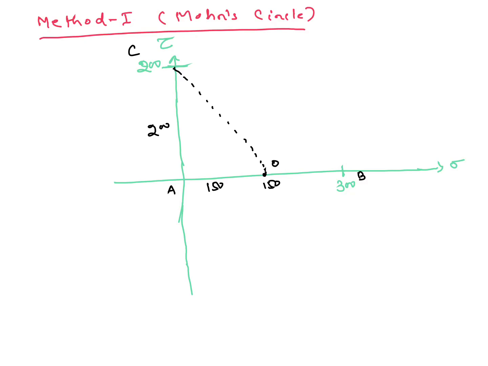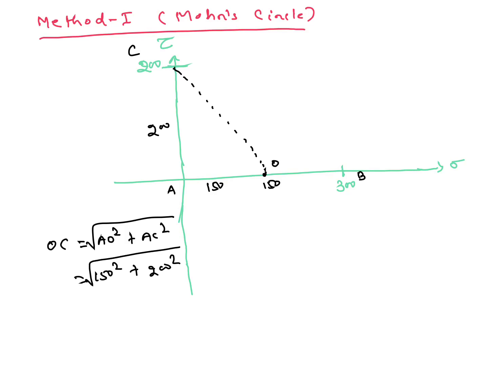OC equal to square root of AO square plus AC square, root over 150 square plus 200 square. 150 square is 22500 plus 200 square is 40000. Take 100 common, 100 root is 10, into 225 plus 400, it's 625.